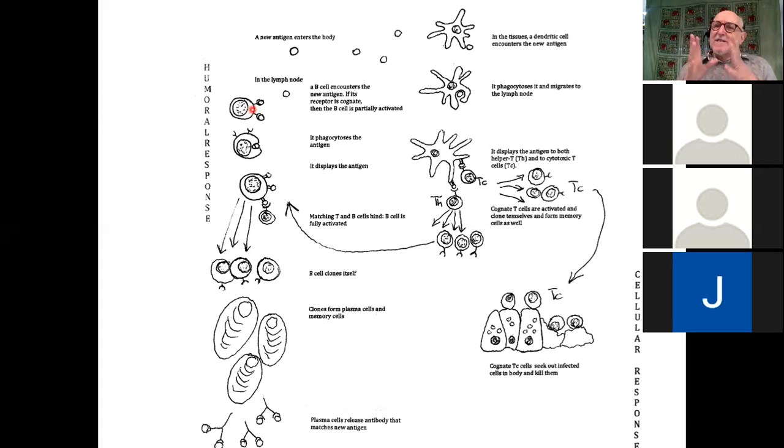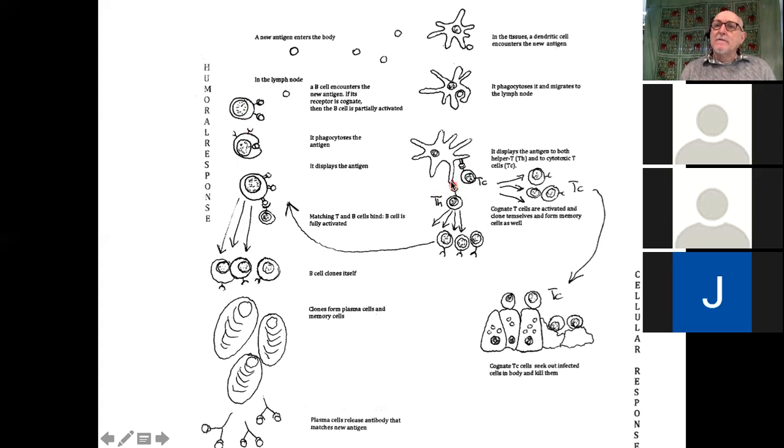Now, this sounds like a rather strange thing to happen, but the importance of it is that this is how the B cell labels itself so the T cell can see it. Otherwise, the T cell can't see it, because the T cell is going to interact with that specific epitope displayed by the B cell. That's the only way a T cell can see things. That's how it saw the dendritic cell.